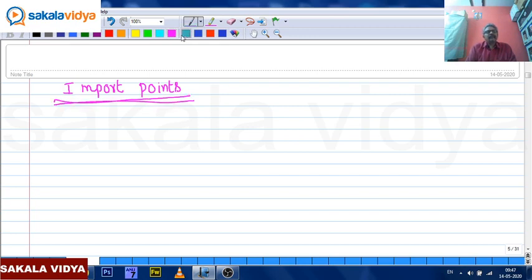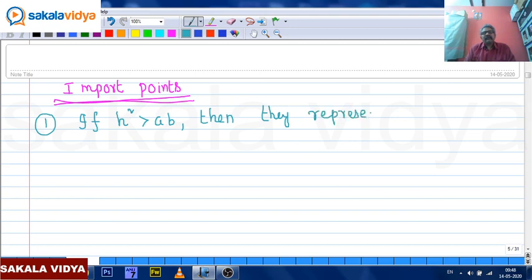So first point: if h square is greater than ab, then they represent two distinct and real lines.